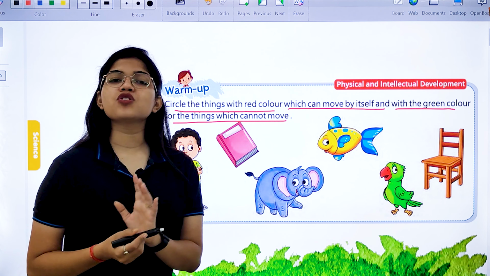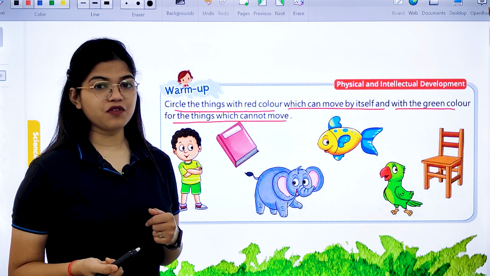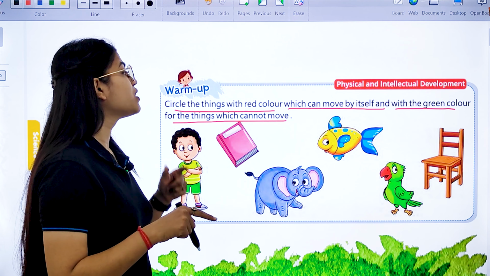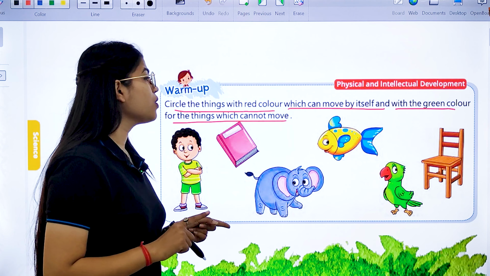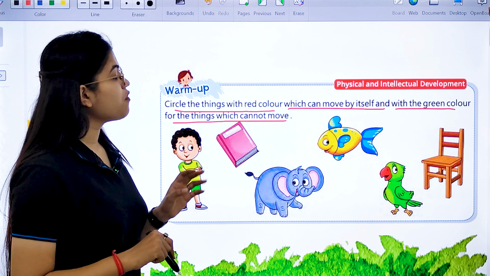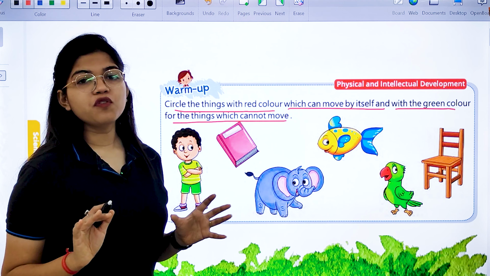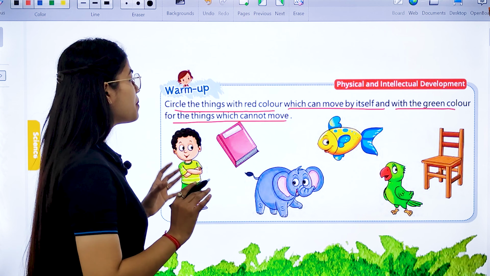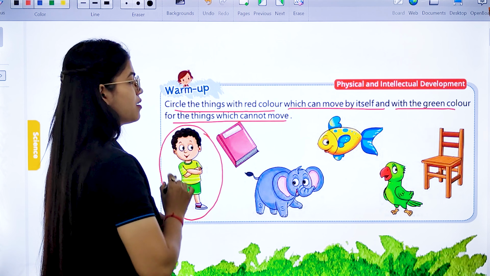In the given pictures, all those pictures which can move by itself, you have to circle them with the red color. And those which cannot move on their own, you have to color them with the green color. So if we see all these objects, this is the boy which can move by himself, means we are going to circle this with red color.